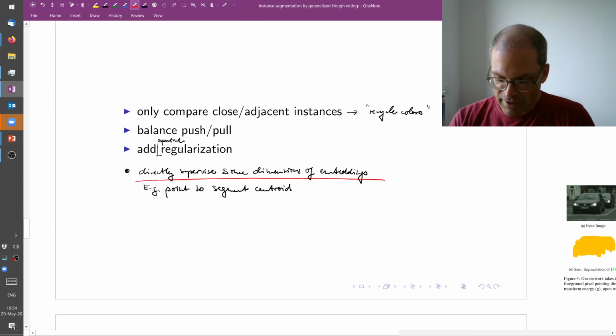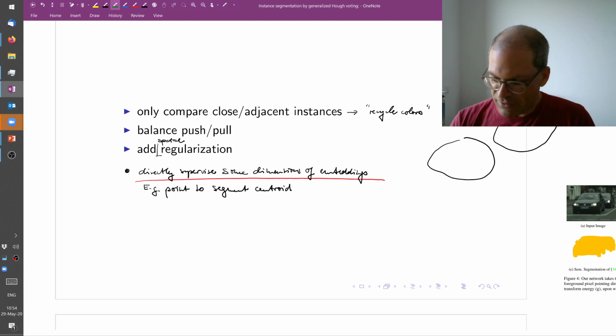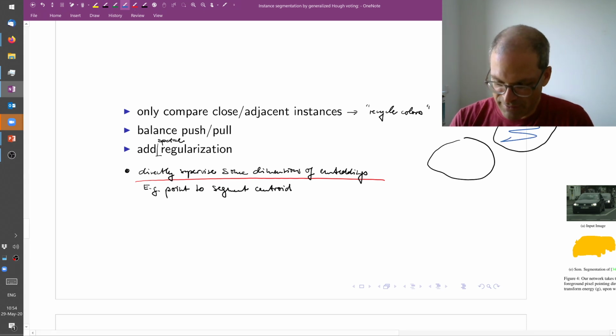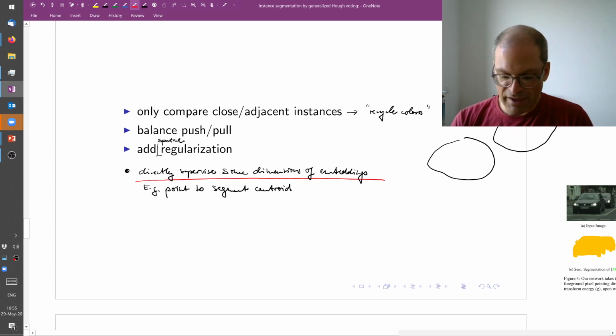So, for example, in problems like the yeast cells, one possibility to give ground truth is by coloring, by saying this is my green instance, and this is my blue instance, and this is my red instance. This is one way of providing ground truth. And then all we ask the embedding is to get similar or dissimilar.